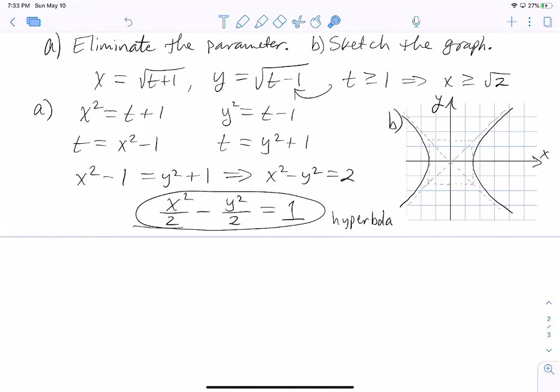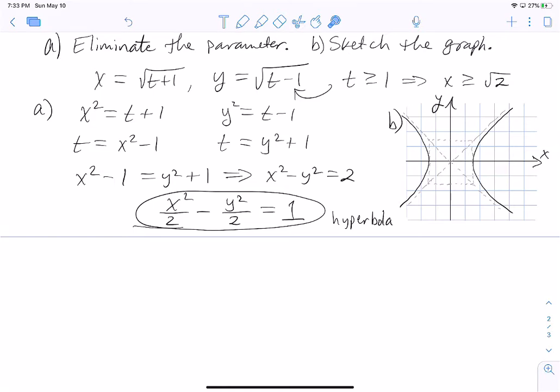We use that to draw our fundamental rectangle and then intersect asymptotes at the center through the diagonals of that fundamental rectangle. And then we draw the branches of the hyperbola to touch the fundamental rectangle and be asymptotic with those asymptotes. That's why they're asymptotes.